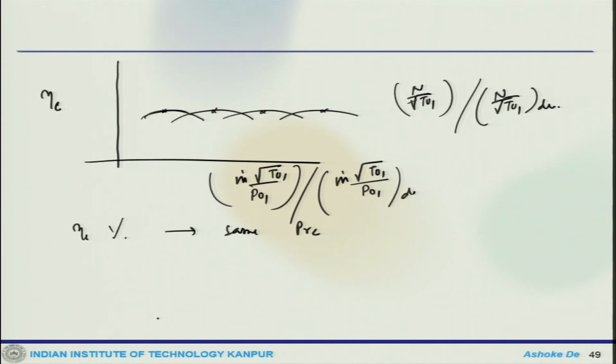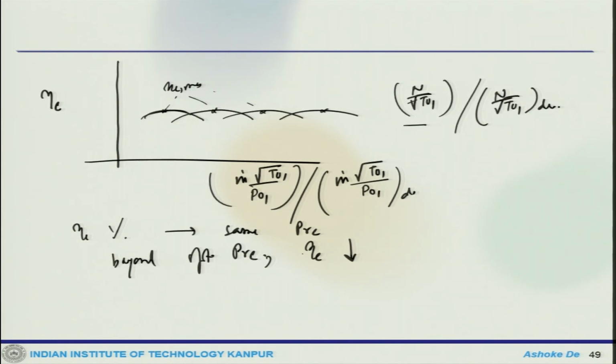Beyond an optimum PRC, eta c actually decreases. Okay. And if you look at these, these are the eta c max conditions like this. So, eta c max pretty much remains almost constant with varying speed.